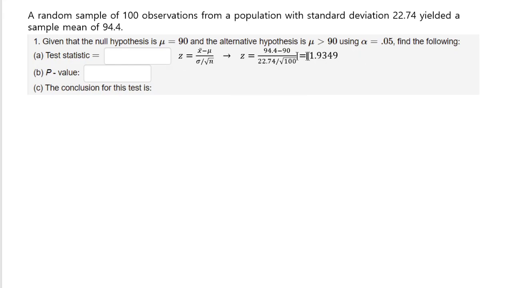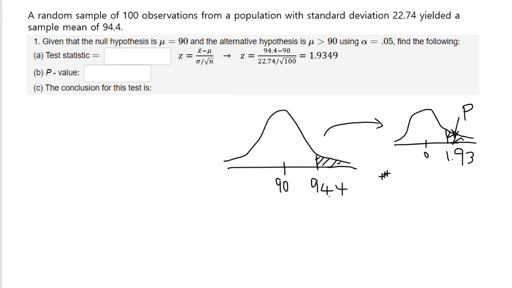Okay, so for this test statistic, you have to calculate the p-value, but the p-value depends on whether it's a one-tailed test or two-tailed test. So let's think about what it means in this one-tailed test. You're trying to see whether this 94.4 sample mean is significant enough to reject the null hypothesis mu equals 90, right? So you want to see if 94.4 is too big.